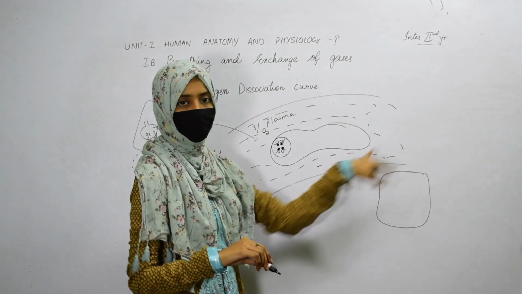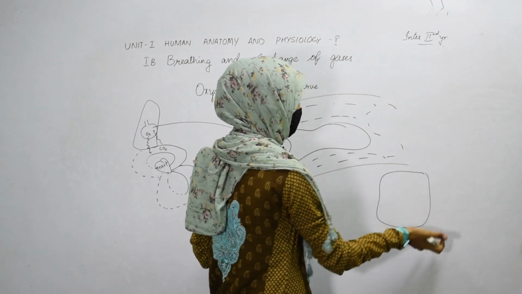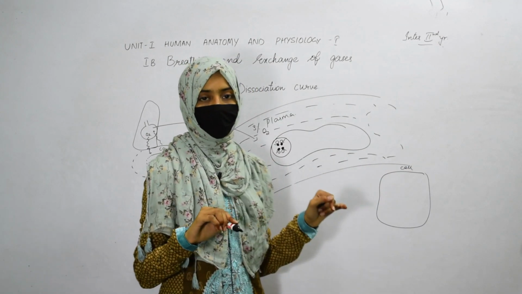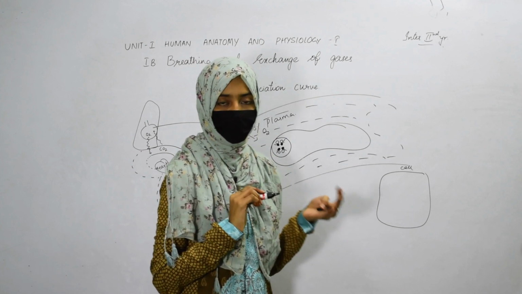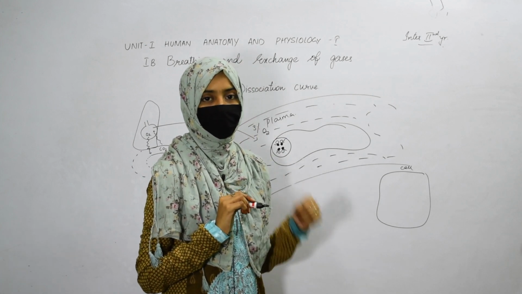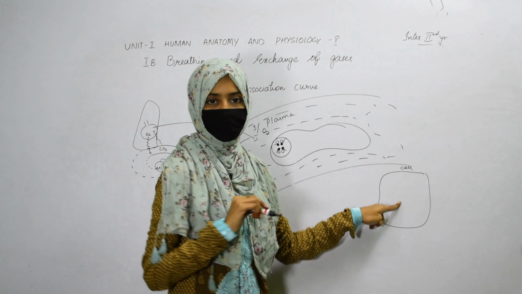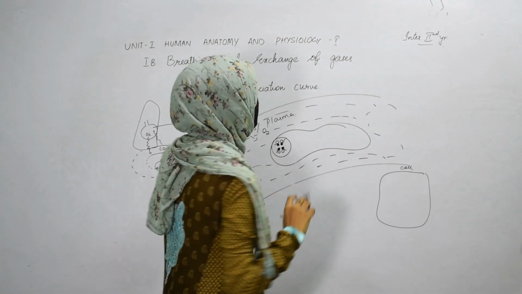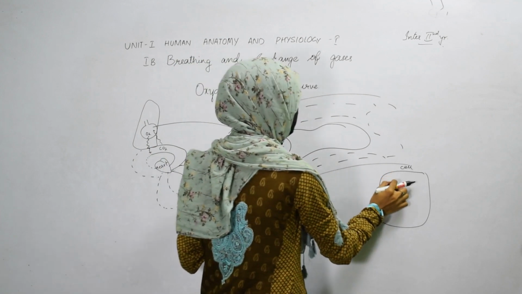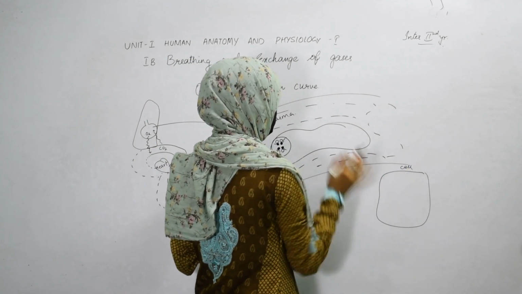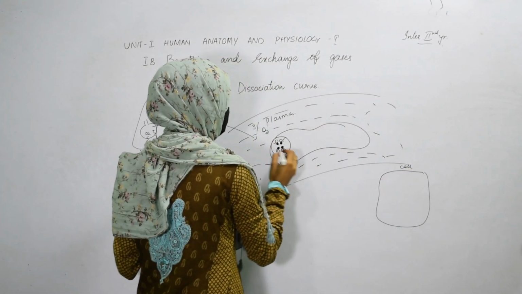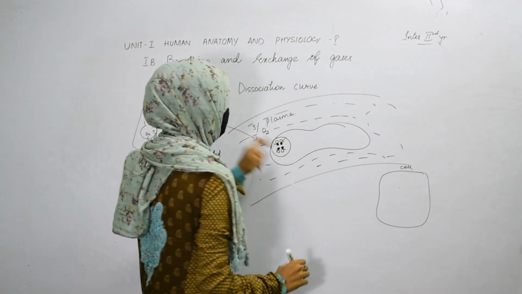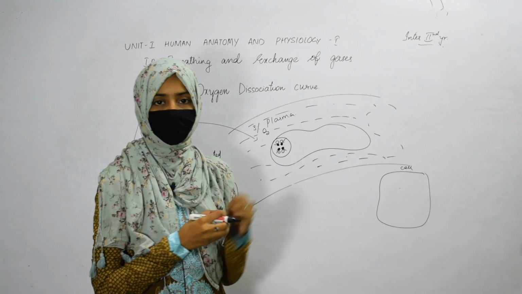This organ of our body is made up of different cells, so let's take only one cell. This cell requires oxygen in a continuous manner in order to form ATP. If the oxygen is not supplied to the cell, it cannot form ATP and it may die. So this cell requires oxygen, and the oxygen can be supplied from the blood into the cell. But here the hemoglobin binds to the oxygen, it is not releasing.